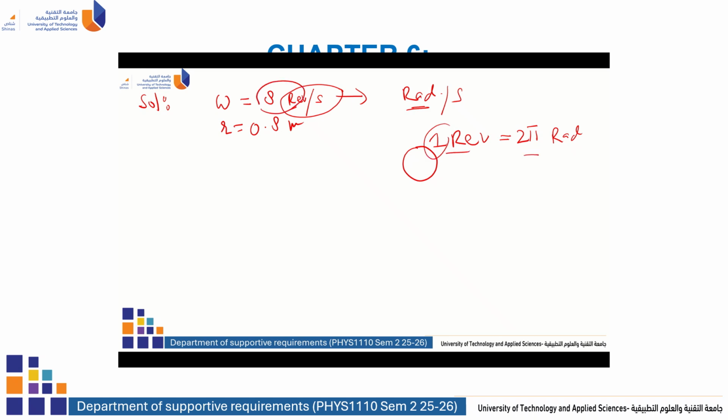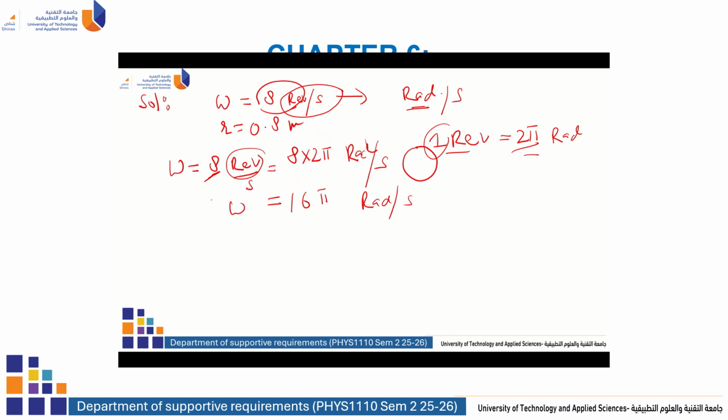So 8 revolutions, how much? Multiply by 8. The 8 multiplied by 2 pi, and here this is radian over second. So this will be 16 pi radians over second. This is the answer for the angular velocity.